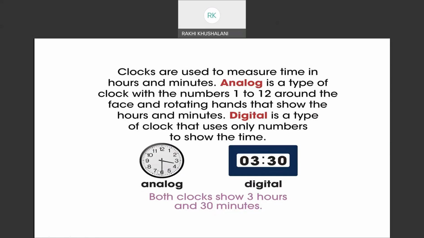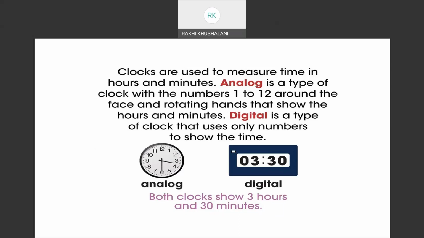Which moves like this, clockwise. That is why, any circle where we move like this, we say this movement is called clockwise movement. Why? Because the clock hands move in that direction, clockwise. That shows the hours and minutes.